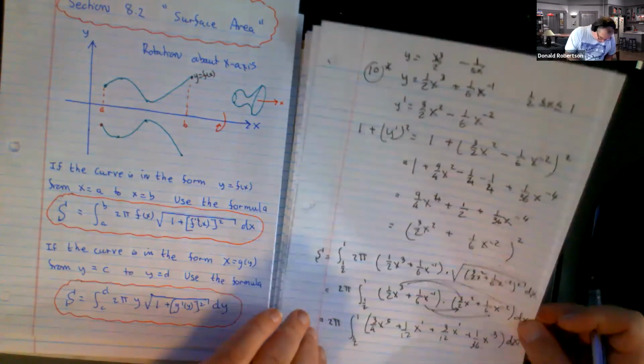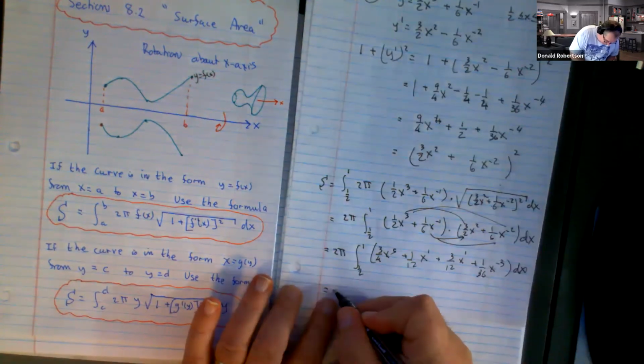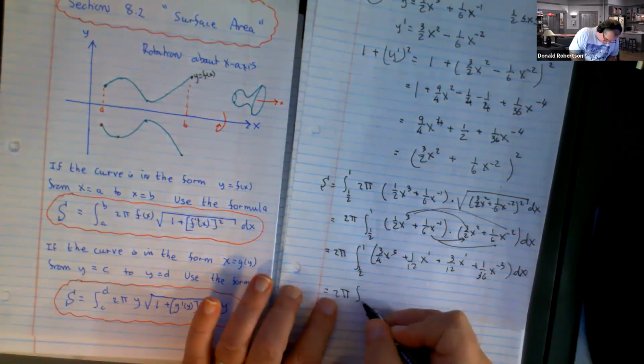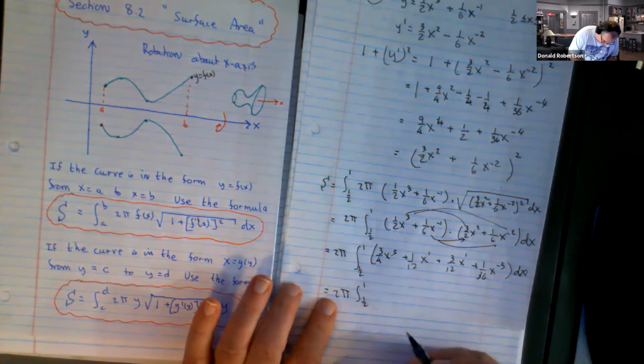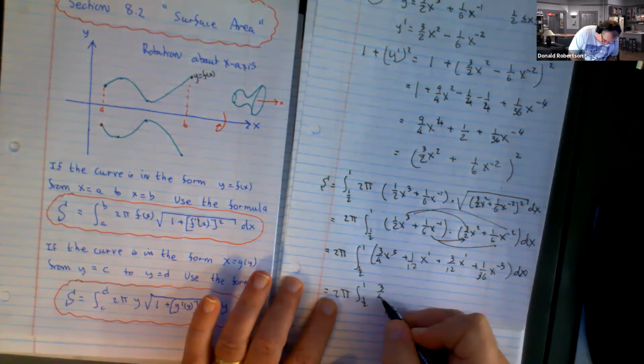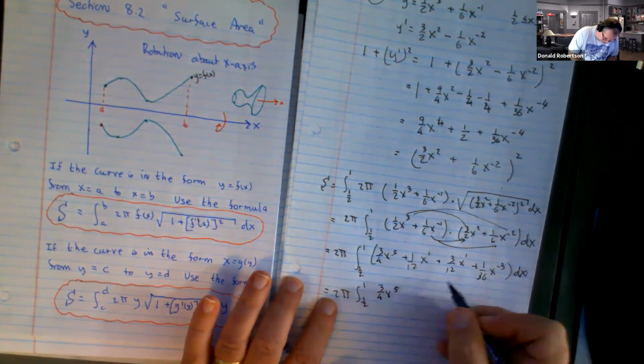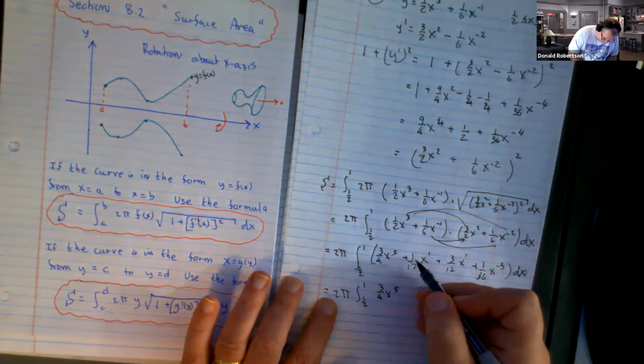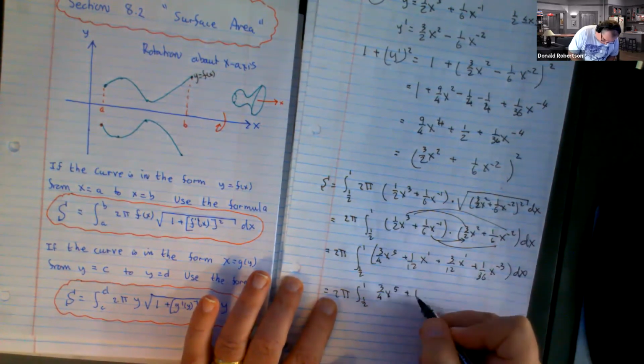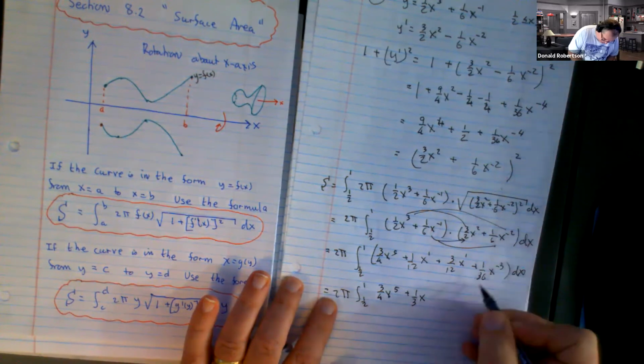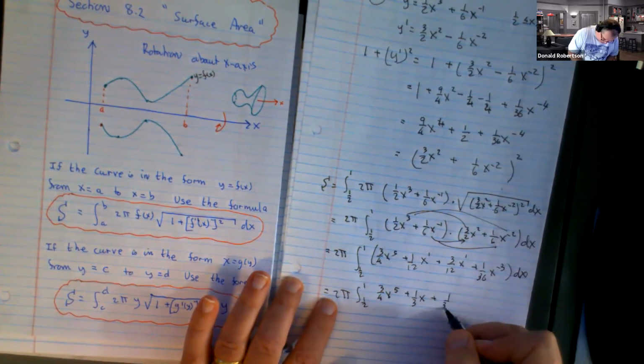Okay, assume that we have then. So you're going to get 2 pi, the integral from 1/2 to 1 of 3/4 x to the 5. If you add these together, you get 4/12. 4/12 is just another way of saying a third. And this guy looks like that.